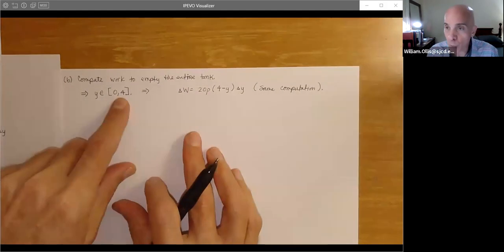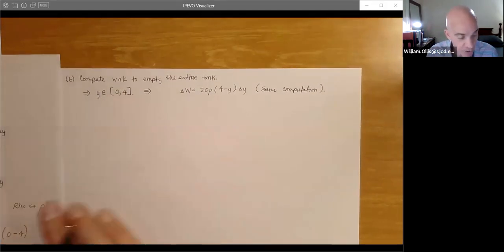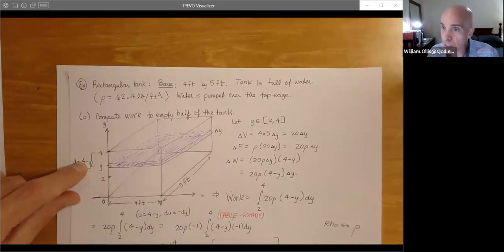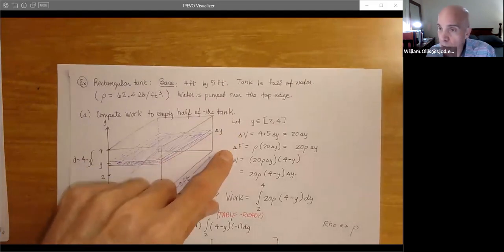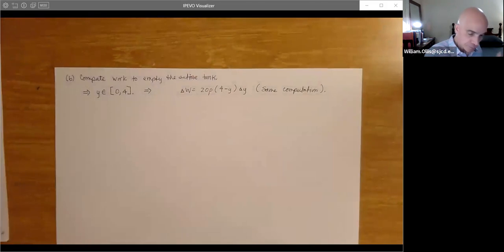Now we're just allowing y to live in the lower part of the interval, but that does not change the computation. If y is down here, the distance is still the same. The delta V, the delta F, all the same. So that does not have to be recomputed.